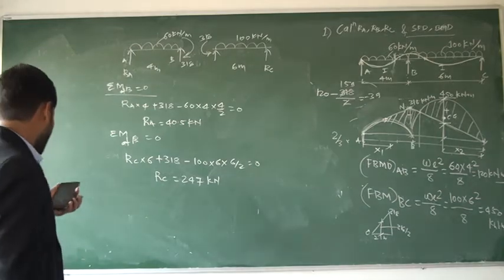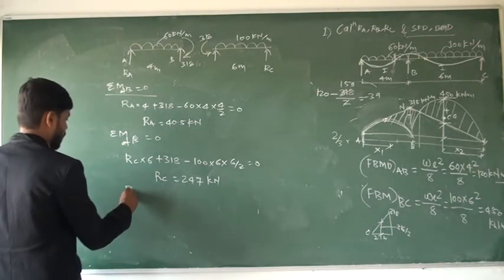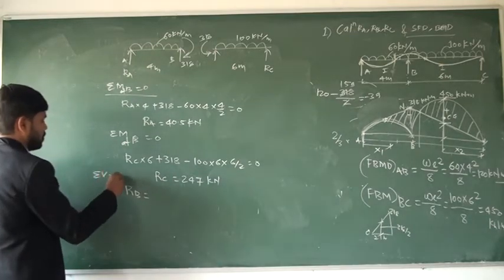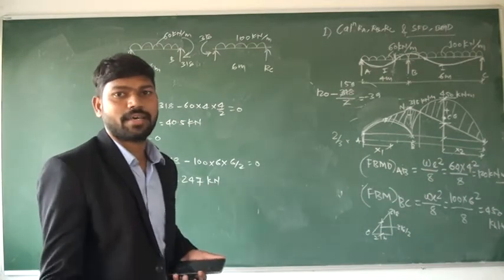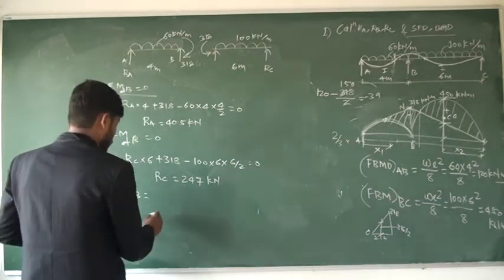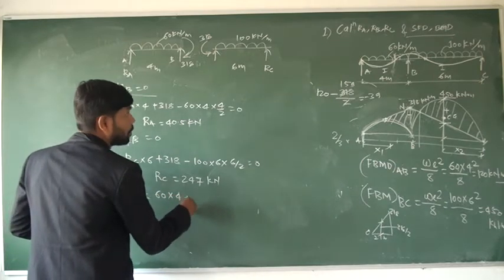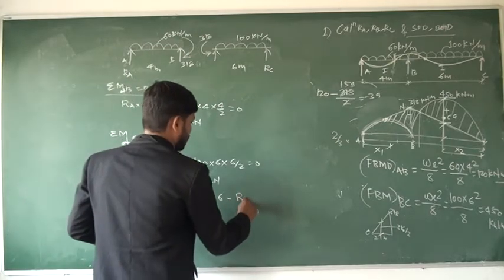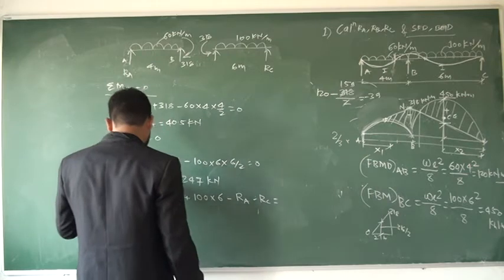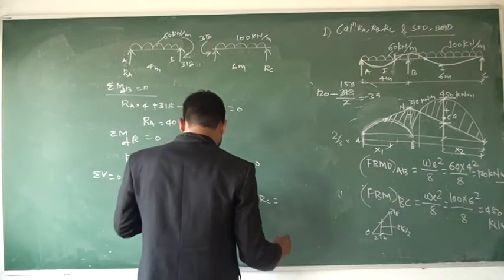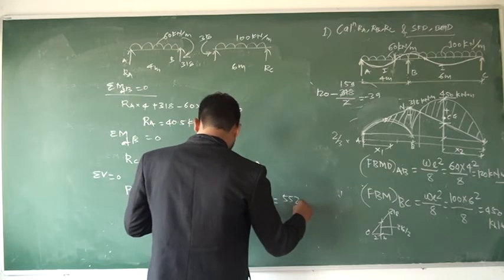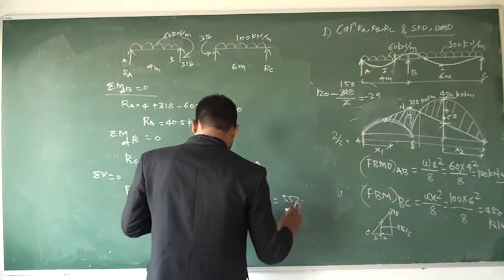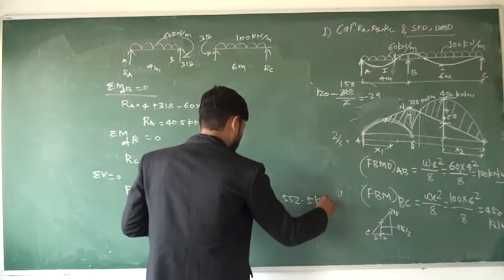Now what is RB? RB is the total load minus RA minus RC. It's simple. So 60 into 4 plus 100 into 6 minus RA minus RC gives 552.5.